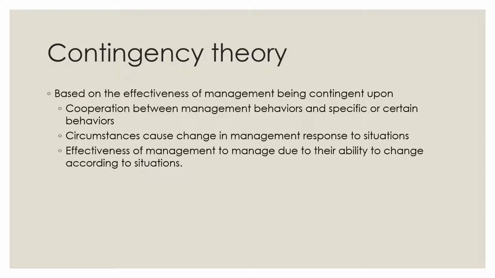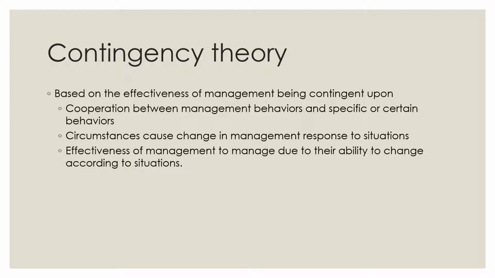The first one we're going to discuss is contingency theory. This is the one that basically means it depends. There's always a contingency. You always need to have a contingency plan, and this is what this one looks like.